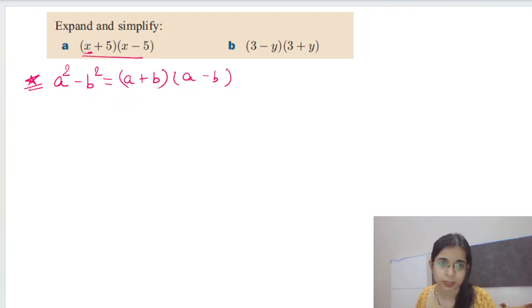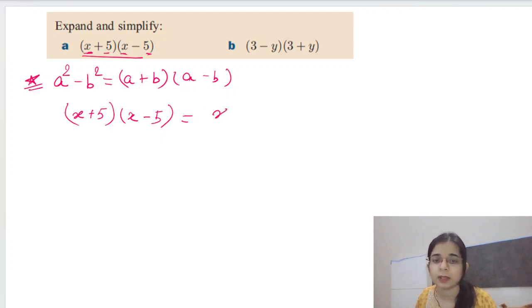Now consider this is a and this is b, so this is an a plus b and a minus b type expression. To solve this, you can directly see a plus b times a minus b is nothing but square of a minus square of b. That means here a represents x, so square of x, minus square of b, that means square of 5, because here b is nothing but 5.